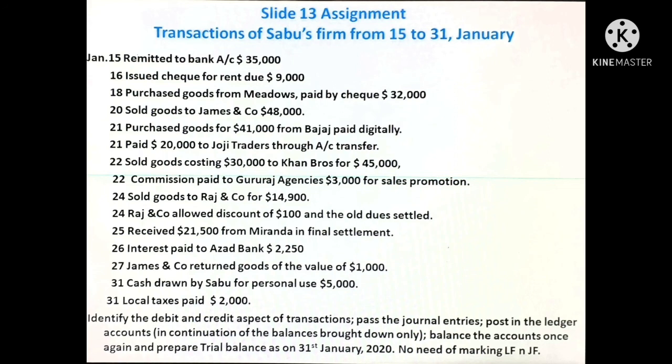Post them to ledger accounts only in continuation of balances brought down on January 15. Find the balance of accounts on January 31st after completing the posting, and prepare trial balance. No need of marking ledger folio numbers and journal folio numbers.